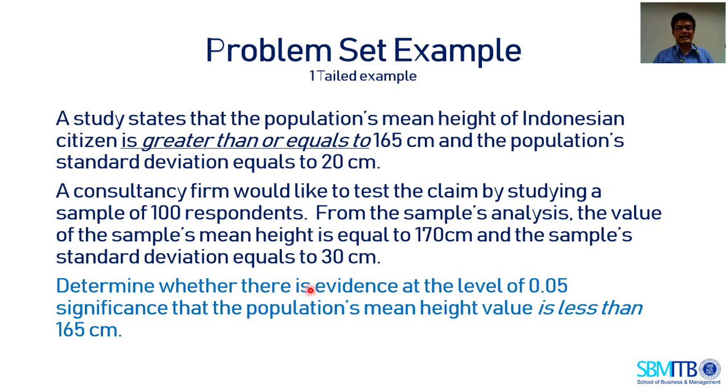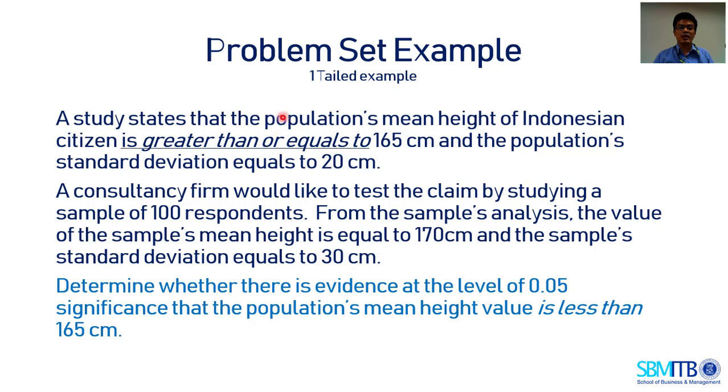Determine whether there is evidence at the 0.05 level of significance that the population's mean height value is less than 165 centimeter. Note that this problem set is slightly different from the previous example.